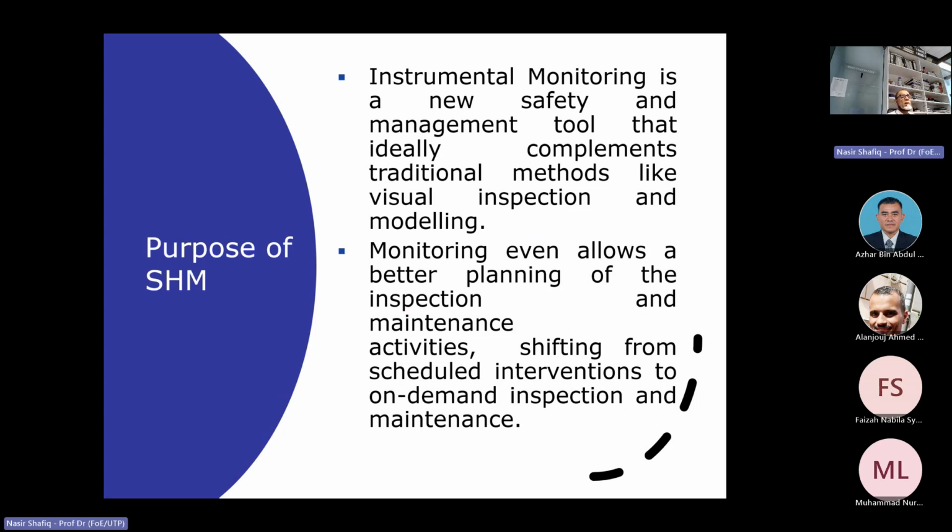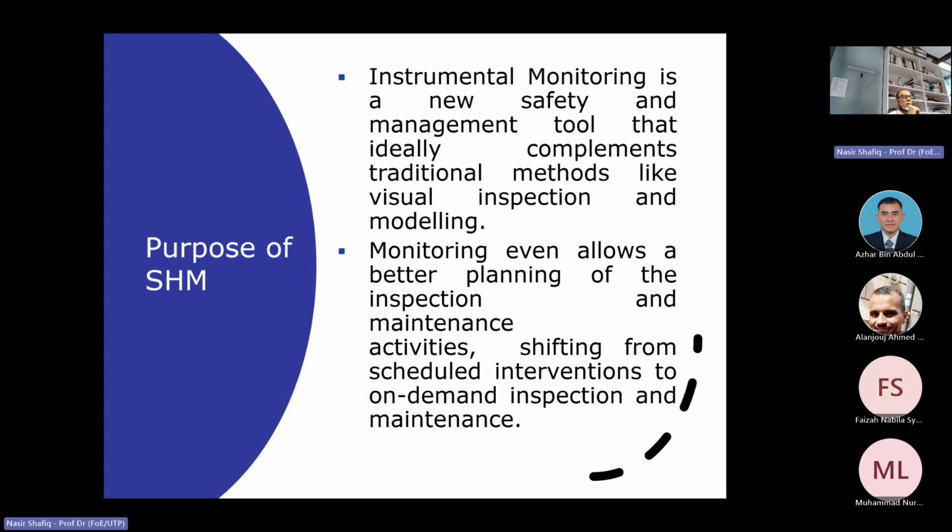So instrumental monitoring is a new safety and management tool, or even now fiber optics, right? That ideally complements traditional methods where you go either physical inspection, then some kind of NDT.